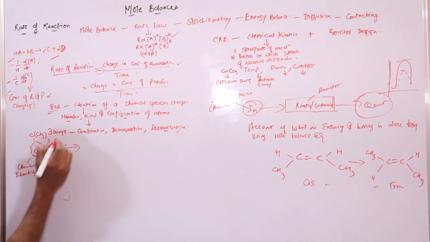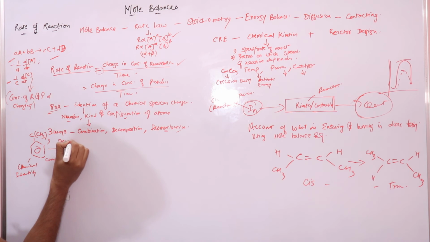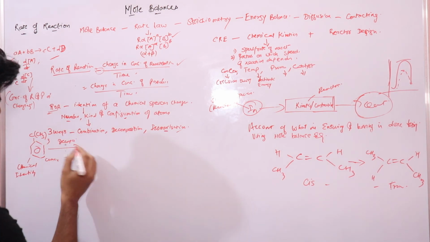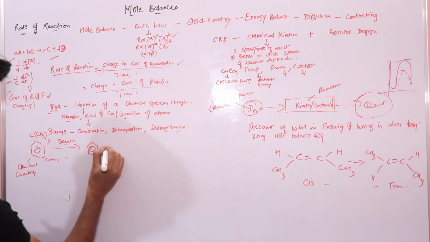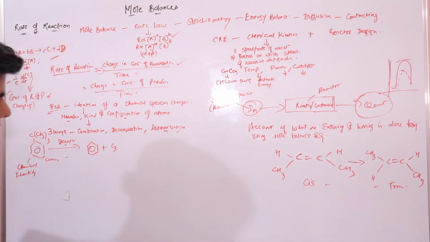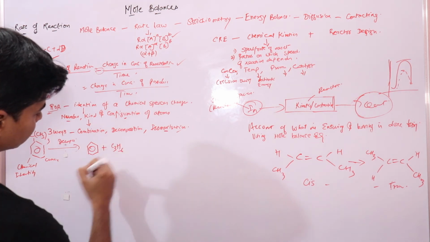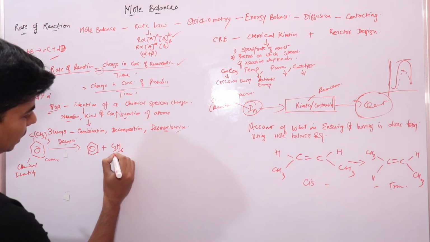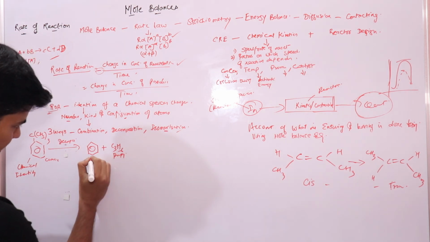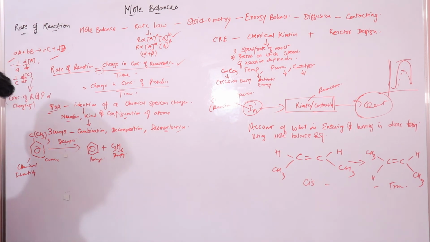If it decomposes, it will produce benzene plus C3H6. So these two compounds are formed, which are benzene and propylene. This is your propylene and this is your benzene.